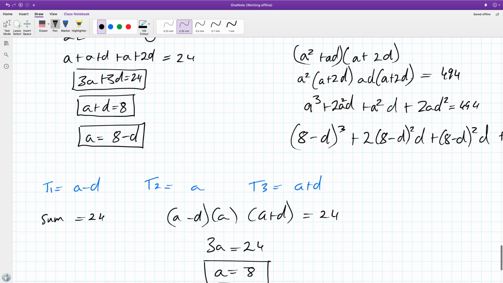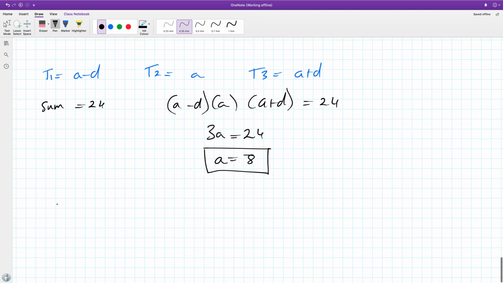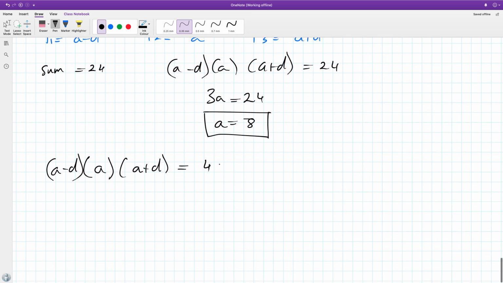And then you go back to your three terms multiplied: A minus D by A by A plus D is equal to 494. So it's 8 minus D by 8 by 8 plus D is equal to 494.